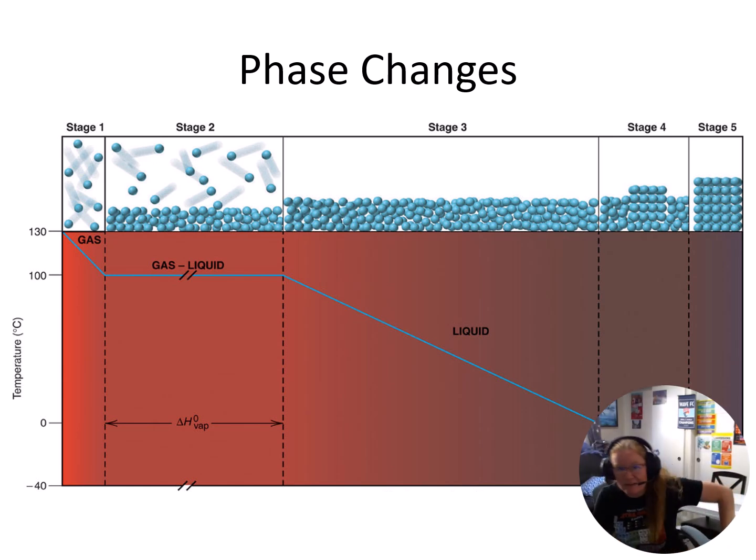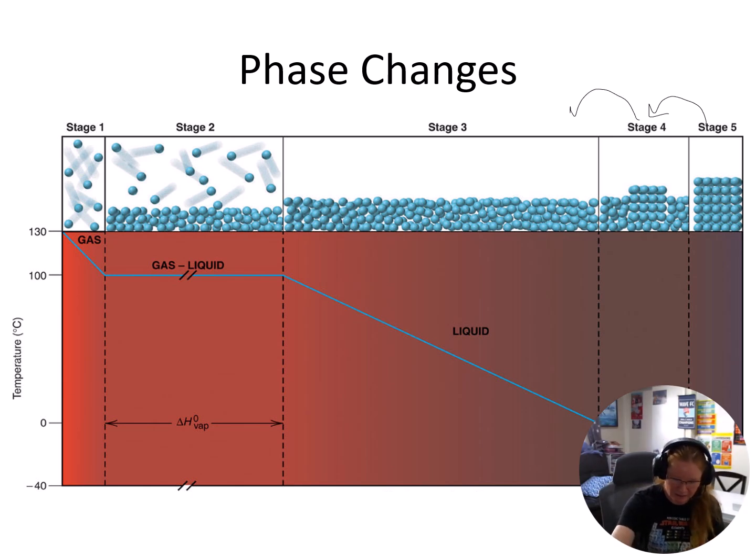What's happening when I go from a solid to a liquid? Well, that solid just starts to move around. But have they gotten really far apart from each other? No, they're still really close to each other. They're just moving around close to each other.